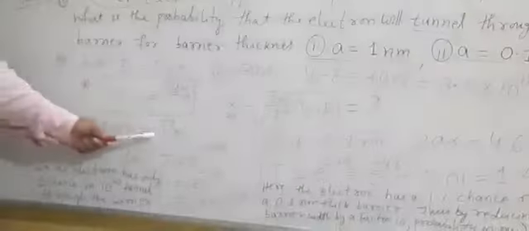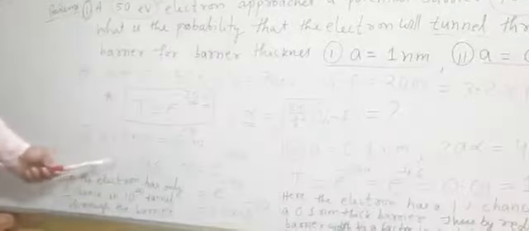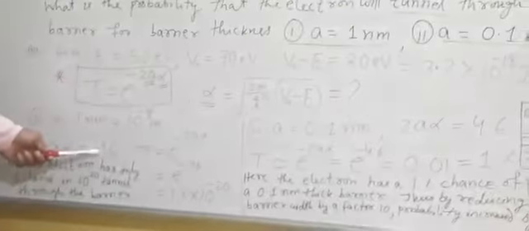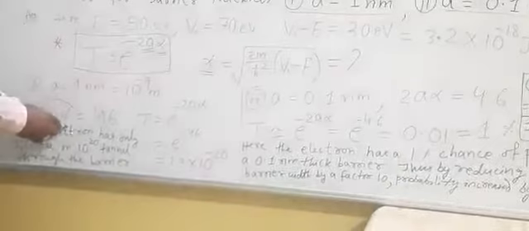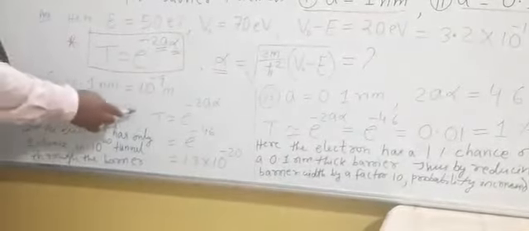a is equal to 1 nanometer. 1 nanometer is 10 to the minus 9 meter. So as per the formula you have to find 2a alpha. If you calculate, 2a alpha is 46.